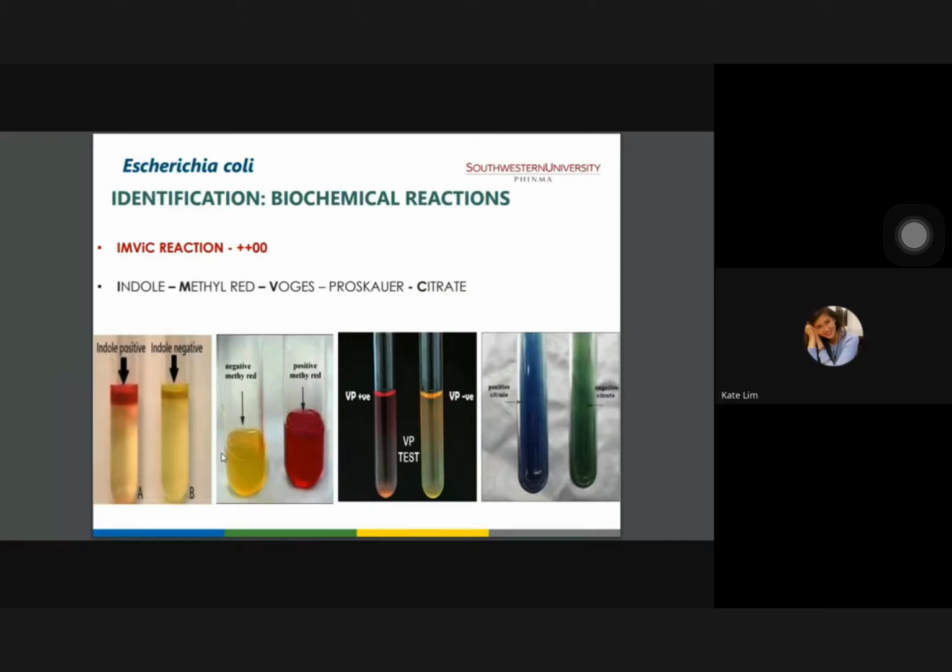For Voges-Proskauer, we have a pinkish or reddish color for positive, and for negative, no color change, still yellow. For the positive citrate utilization test, we see a blue color, and for the negative, a green color or no color change. Okay, that is for your IMVIC.